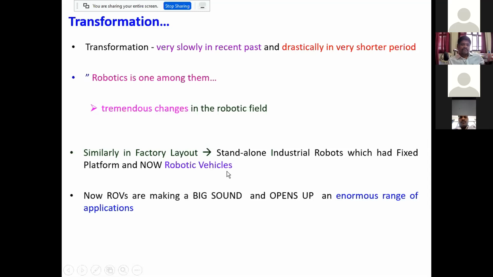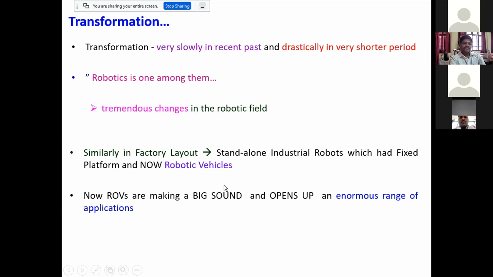These are movable platforms that work independently and cognitively plan, perceive, and take their own action, because these robotic vehicles are embedded devices. They will plan by themselves based on the obstacles or whatever it is. They will decide where to go and how to overcome the difficulties. They will decide.